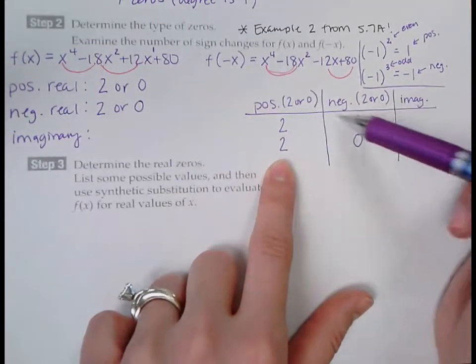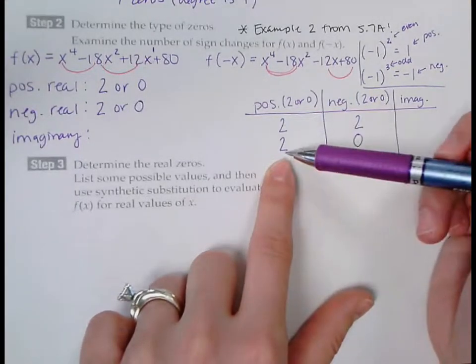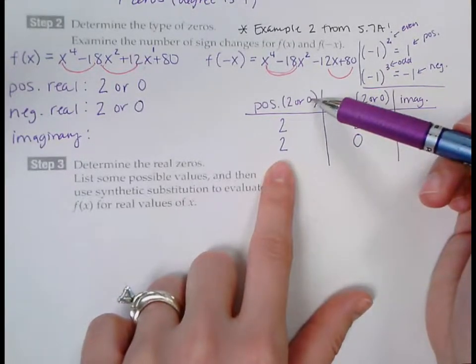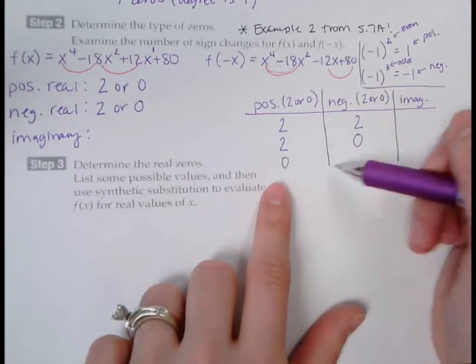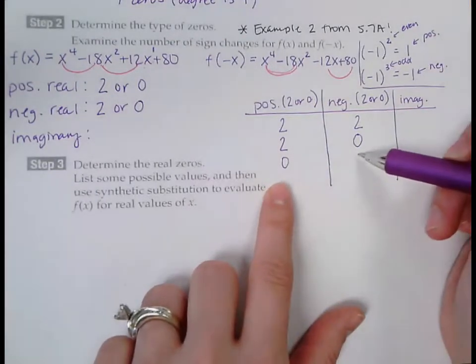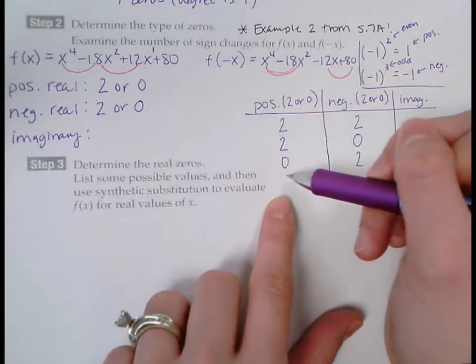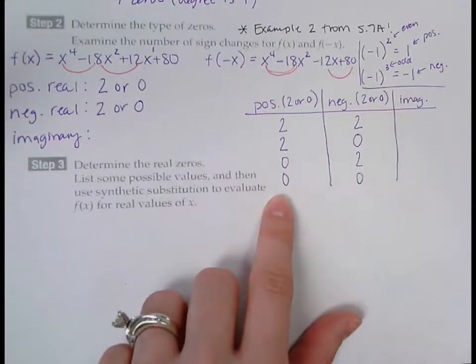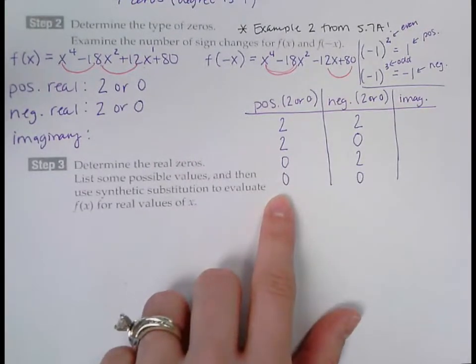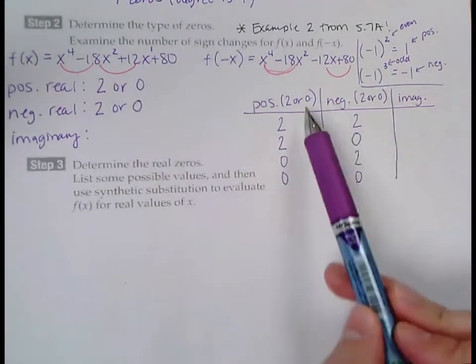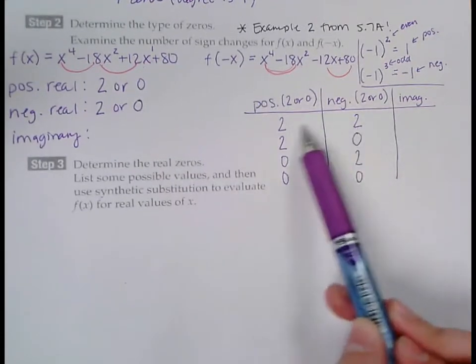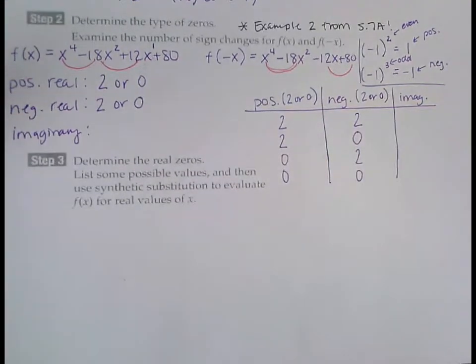So those are all of my options if I have 2 positive. I could, though, also have 0 positive. So I could have 0 positive real zeros with 2 negative, or 0 positive with 0 negative. So overall, because I have 2 options for each, I have 4 different combinations.